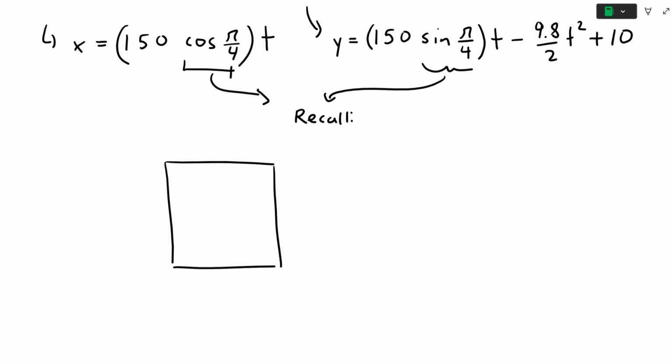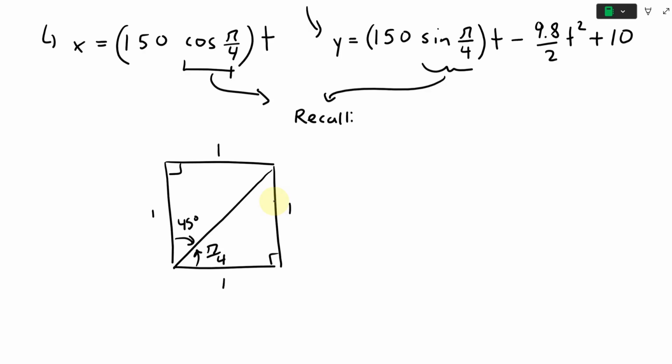We have a square, and its lengths are 1, 1, 1, 1. The angle across the diagonal is going to be 45 degrees, or in radians, pi over 4.